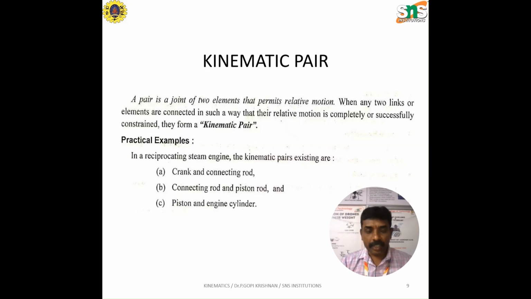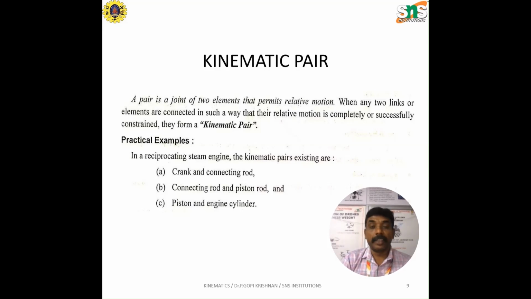Kinematic pair is going to be the next topic. We discussed something about the link or the element, which is a single component of a system of components or a system of kinematics. If a component is connected to its nearest component or to the next component, then that combination is called a pair.